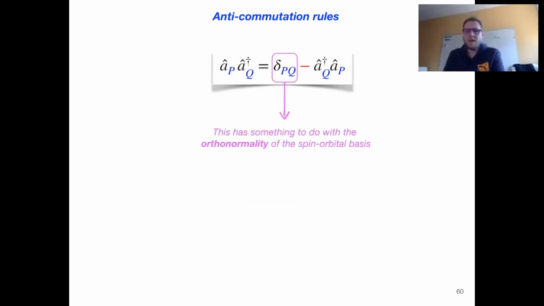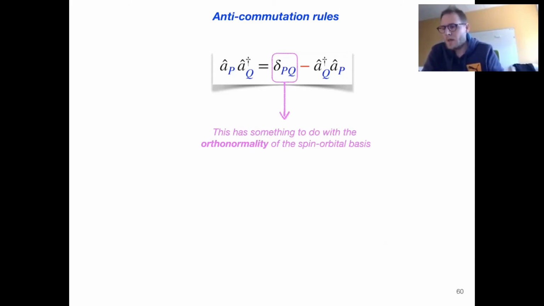One last thing about this delta PQ in the anti-commutation rule. In the first part of the lecture, which was a review of first quantization, I told you that we were working with molecular spin orbitals that are orthonormal.